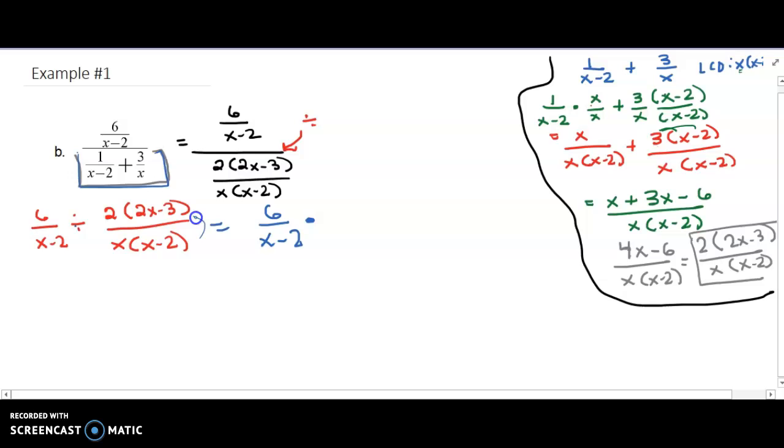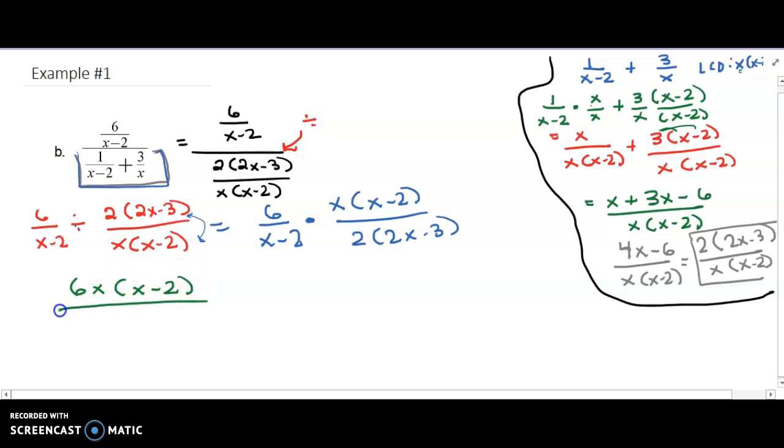So I'm going to flip these: x minus 2 over 2 times (2x minus 3). Because I'm multiplying, I can just multiply across, so it'd be 6x times (x minus 2) over x minus 2 times, I'm going to put the 2 here, and I'm left with 2x minus 3.